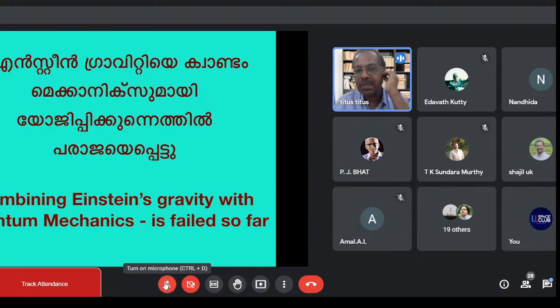And the major among them is that it cannot be combined properly, or we failed to unify Einstein's gravity properly with quantum mechanics or quantum theory. This means that we are somewhat far away in understanding really what is gravity. Okay, so that means that we still have to go further.